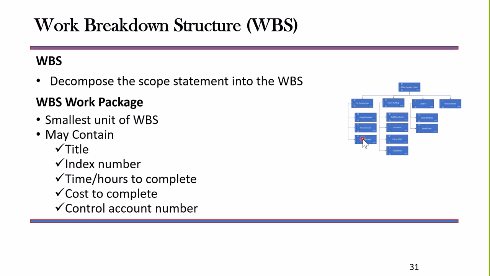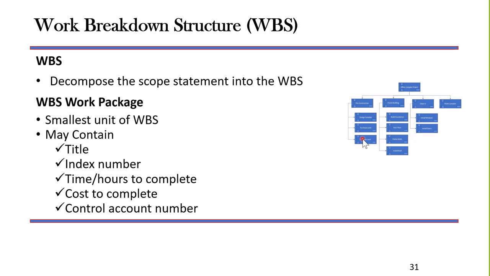For example, if I had a WBS work package that says pour foundation, then I would execute that work package, and all the work packages had to be executed to complete the branch and then also to complete the project itself.